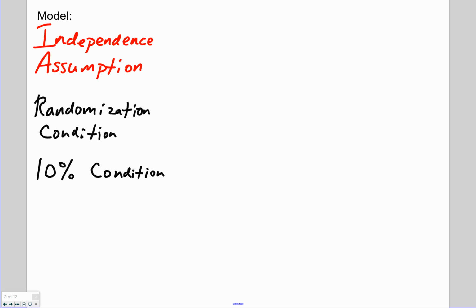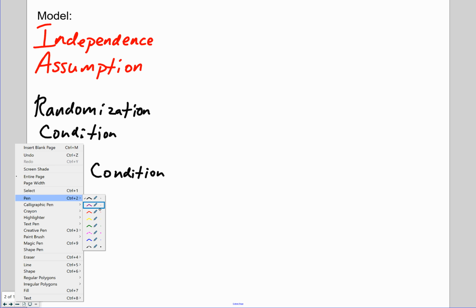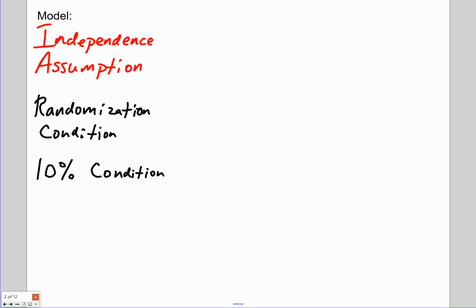Does it say anything on the problem about randomization, about randomly sampling? Random sample, 20 cups. Okay, there you go. What math am I going to do for the 10% condition? I'm going to do n times 10.